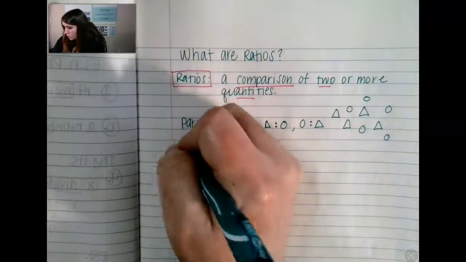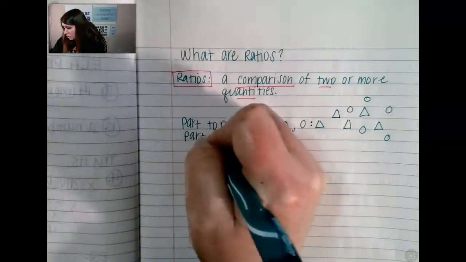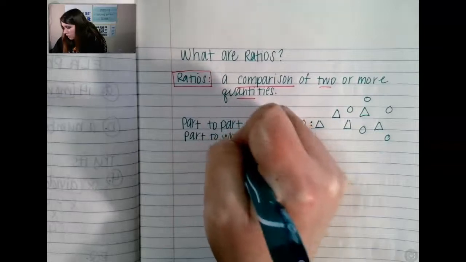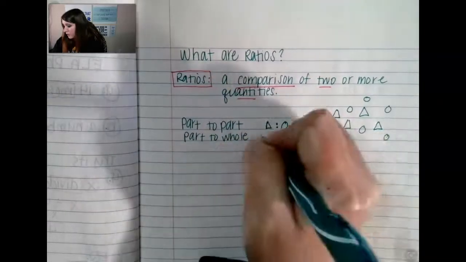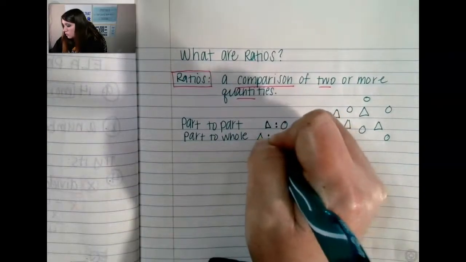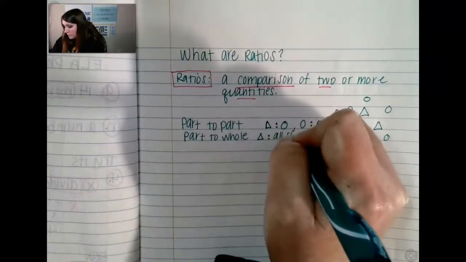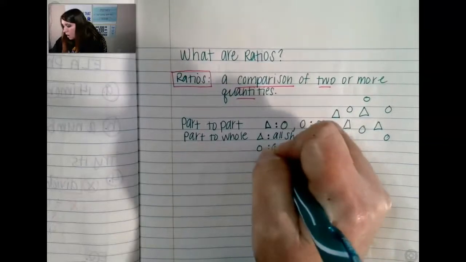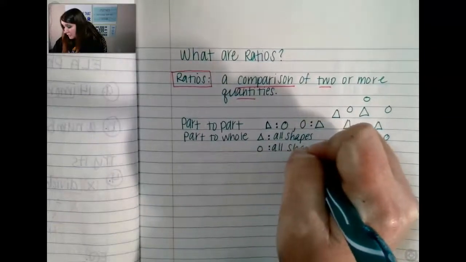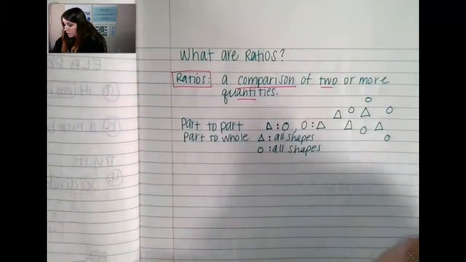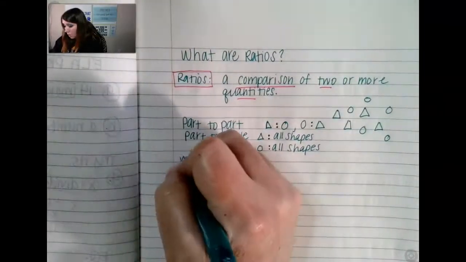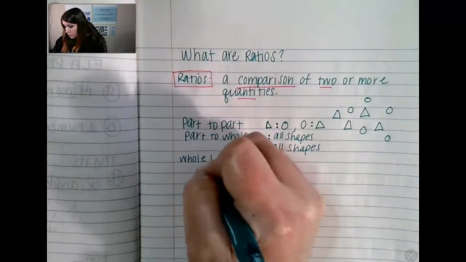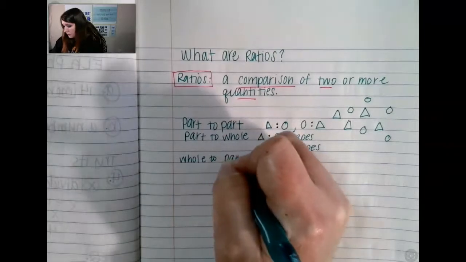You could also do a part to the whole. So you could have triangles to all shapes, or circles to all shapes. And you could have a whole to a part.